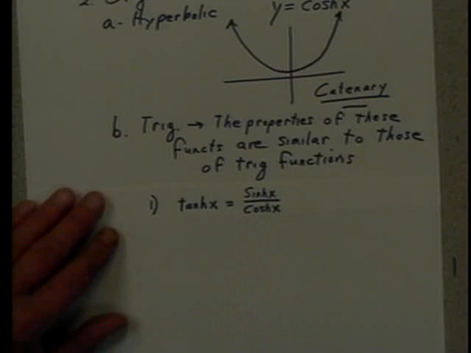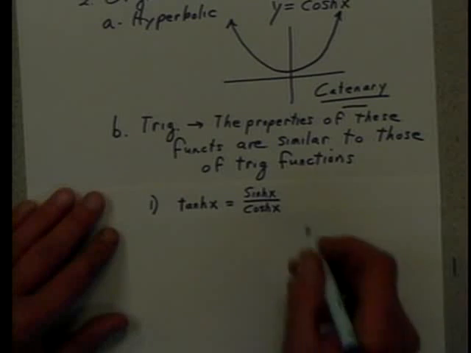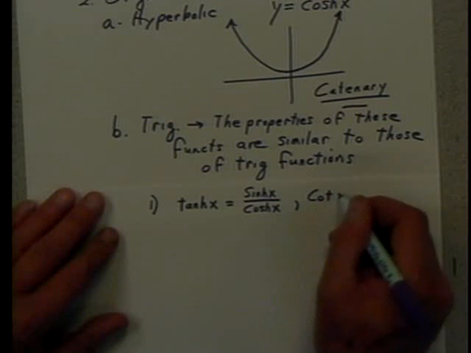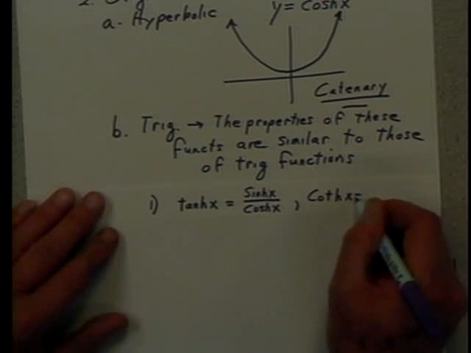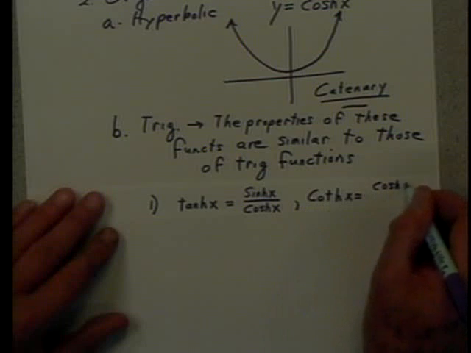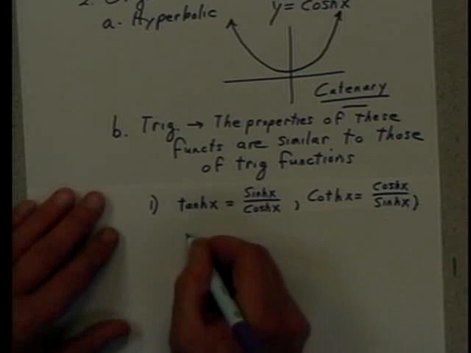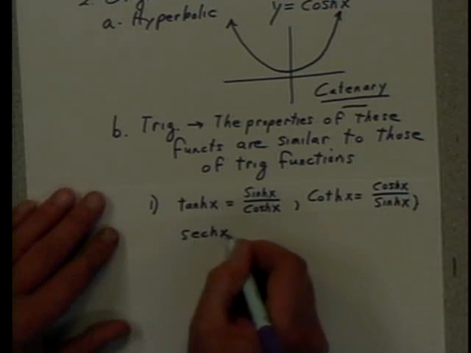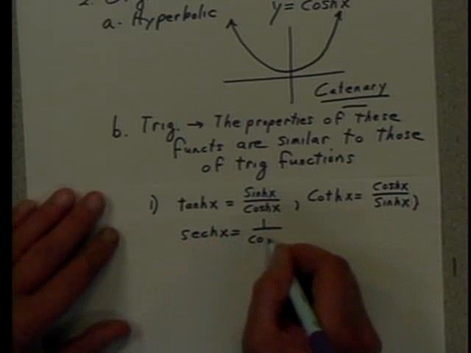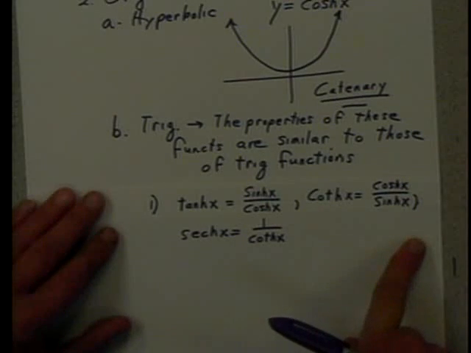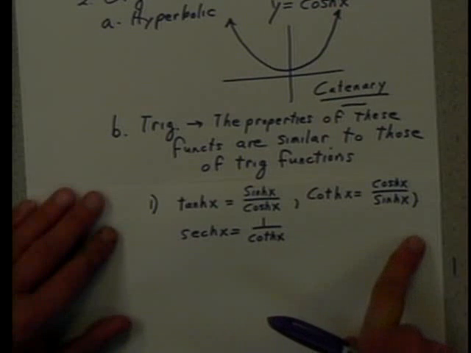No. That's the tricky part. Just about the time you get overconfident, you say, oops, something's different. But if you take hyperbolic cotangent, coth of x, yep, it's still cosh of x over sinh of x. Same thing. Likewise, sech of x, yep, still 1 over cosh of x. You say, well, I don't need to write anything, I remember these from trig. What about the rest of them? Well, we could write them in here, except you won't need them, so I didn't bother.